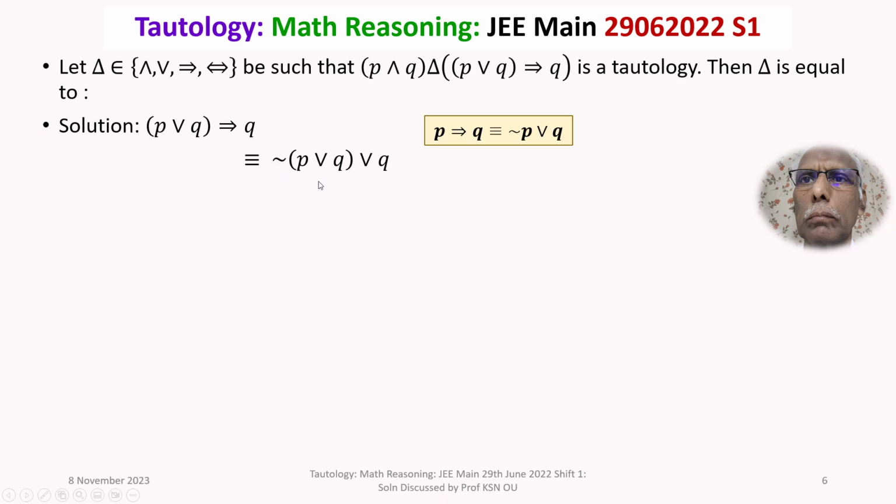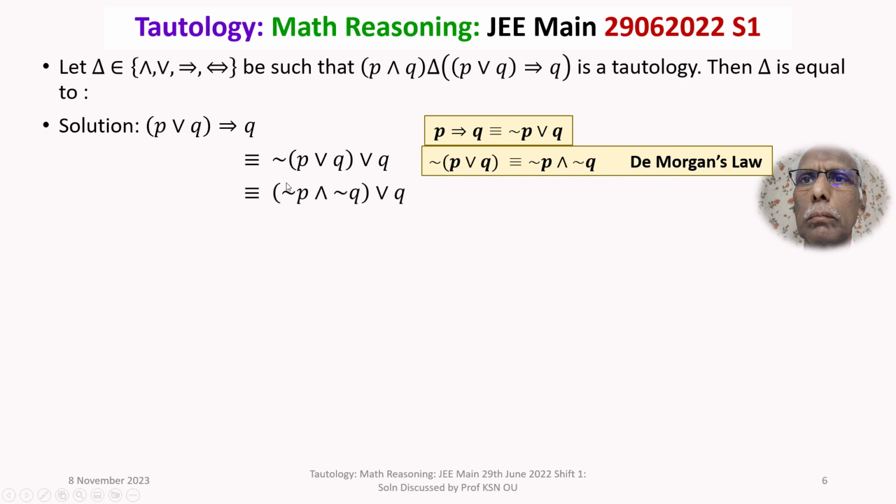Now, for negation of (P or Q), we apply De Morgan's law. What is De Morgan's law? Negation of (P or Q) is equivalent to negation of P and negation of Q. We write this as negation of P and negation of Q, in brackets, or Q. Now we apply the distributive law.